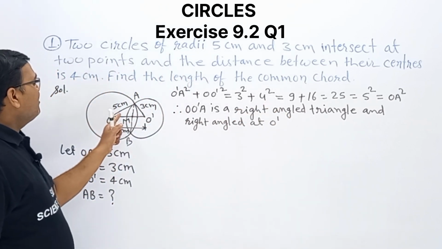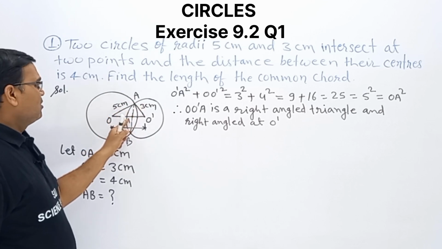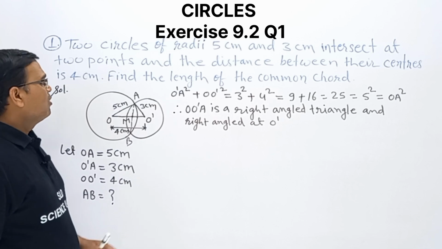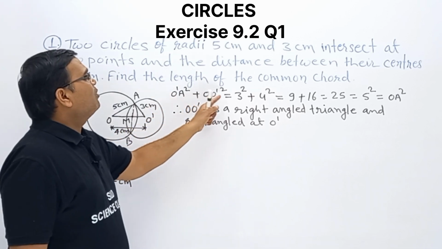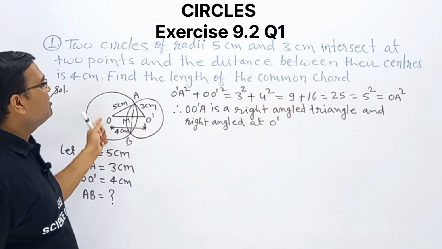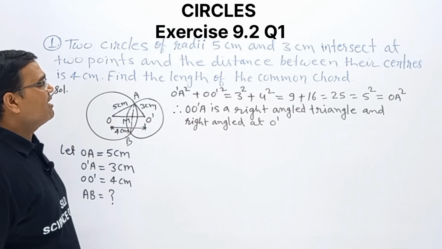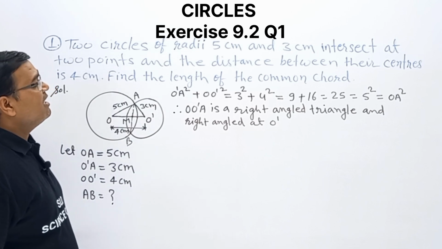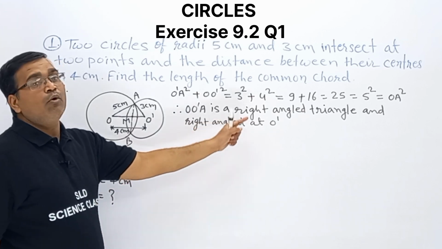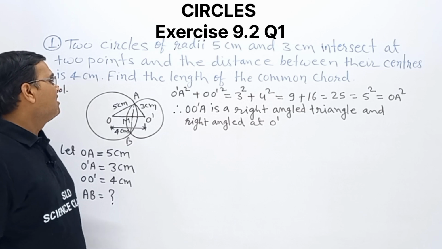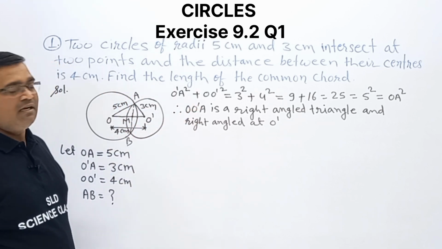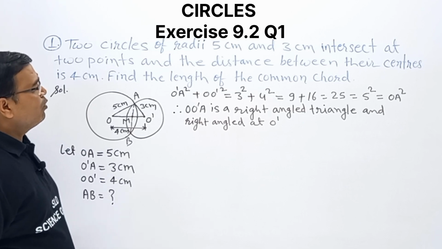Observe, we are having these three sides, and we are getting one relation: O dash A square plus OO dash square equals OA square. So this triangle is a right angle triangle, and it is right angled at O dash. This triangle is right angled at 90 degree at O dash.